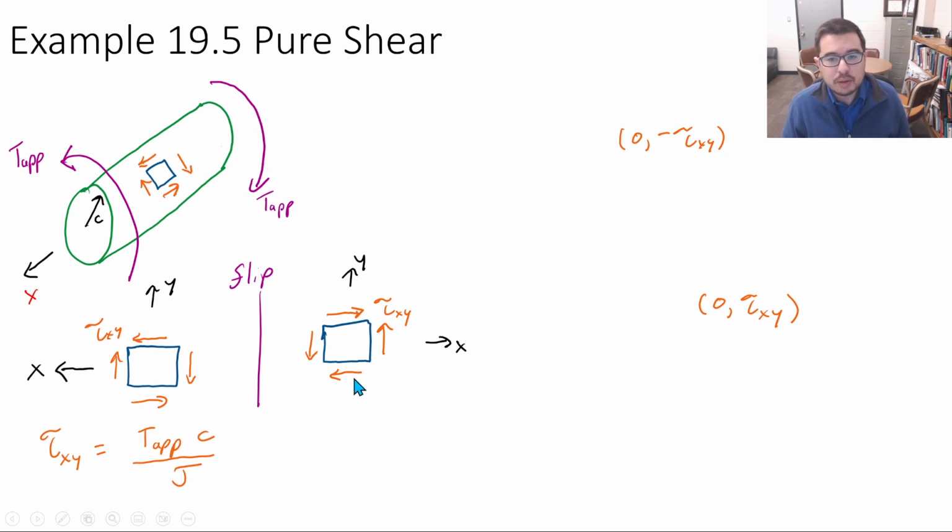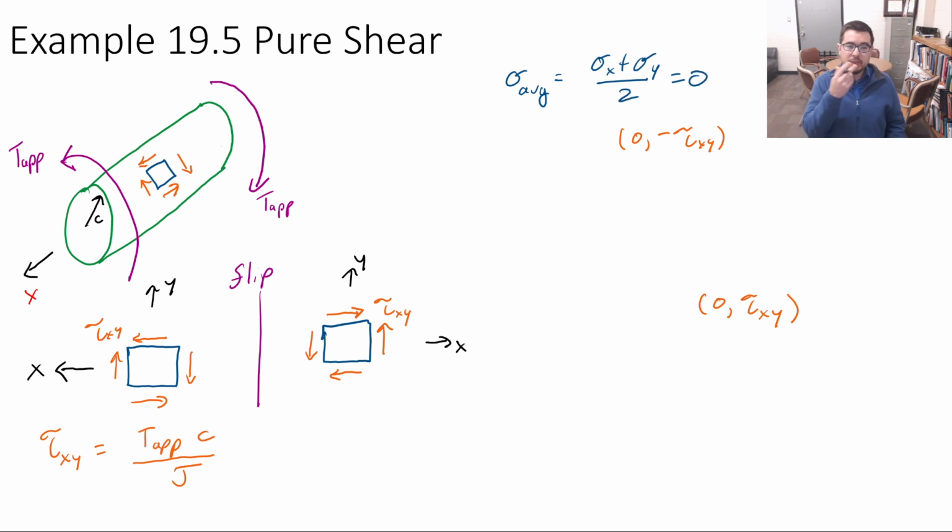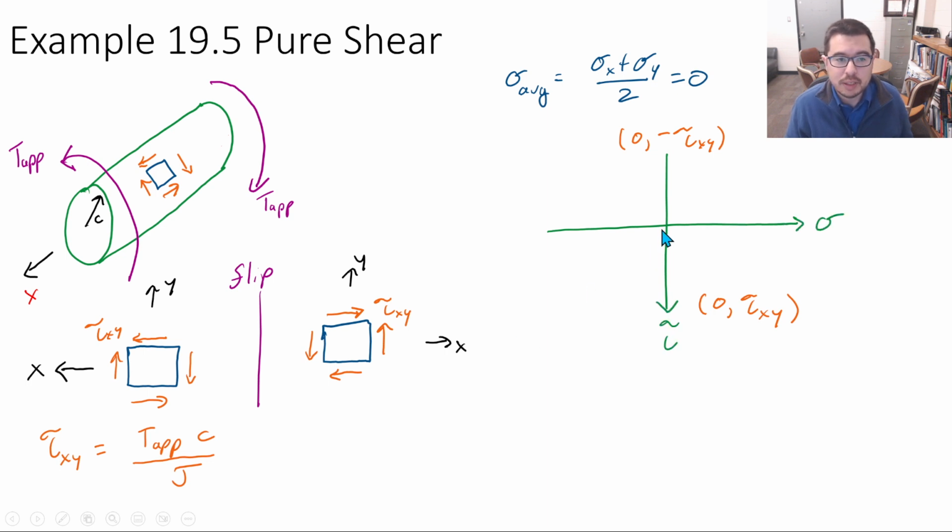How do we go about drawing the Mohr circle? Well, the average stress is the average of sigma x and sigma y. There's 0 here, so the average is going to be 0. So where's the center? Now the center is at the origin.